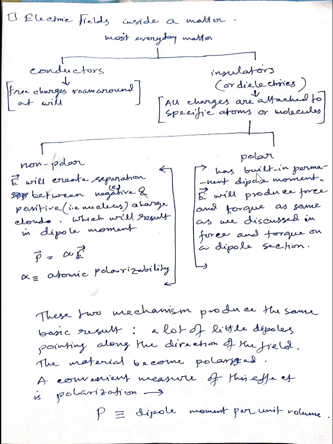And there should be a measure of this. We are saying that the atom got polarized, so there should be some measurement, right? That this is more polarized, this is less polarized. So the measure is polarization. What is polarization? It is dipole moment per unit volume.